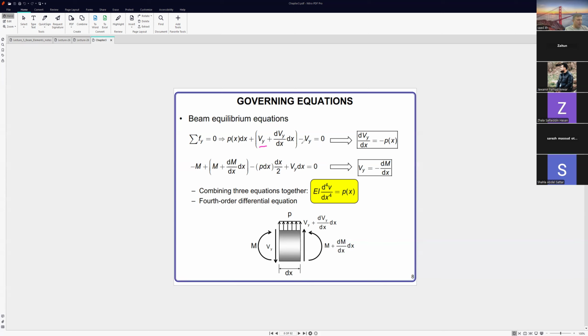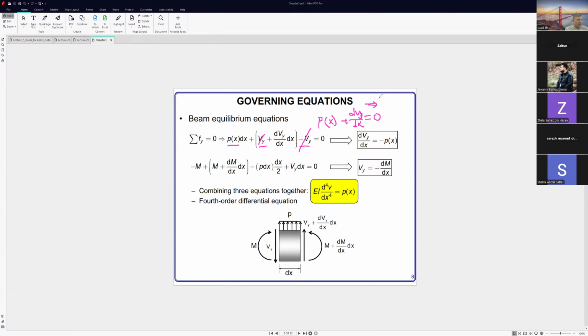After opening the parenthesis, we get this positive and this one negative, so they cancel each other. What will remain? We will have P of x dx, and dx also goes with the dx. What remains is P of x plus dVy over dx is equal to 0.